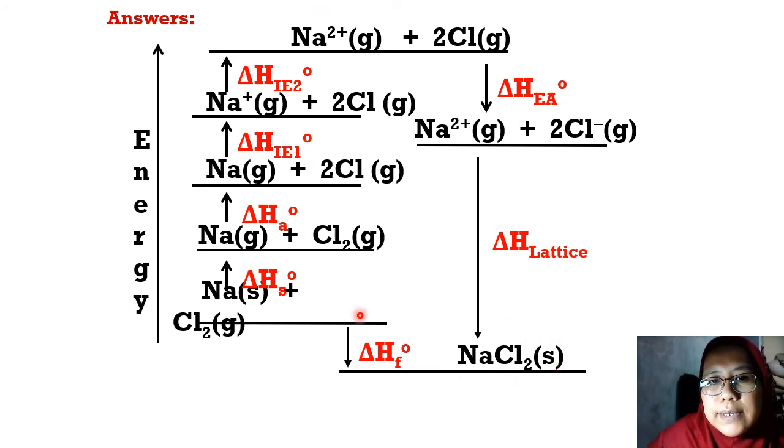So here, this is a complete cycle going up and then going down, but then you have to calculate the delta HF, and the 0 point is actually here. So basically, delta HF here is positive, so it means sodium chloride cannot exist in standard condition.